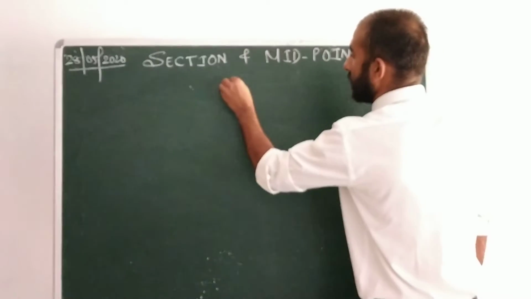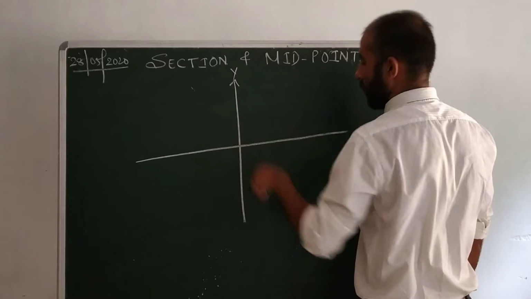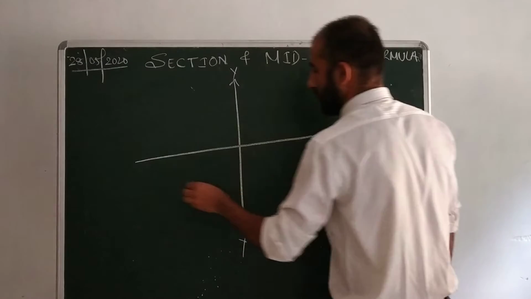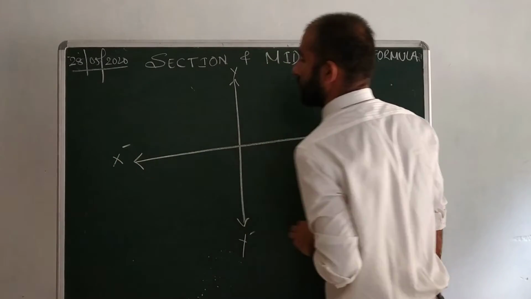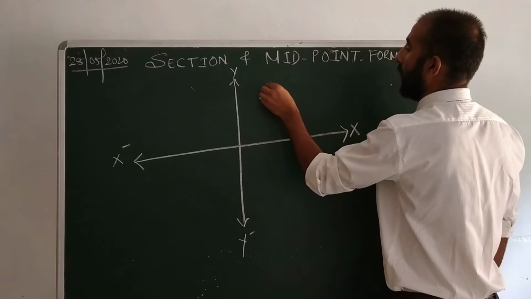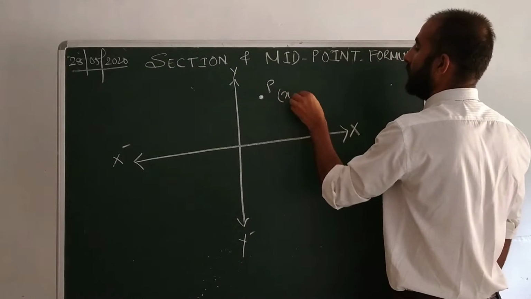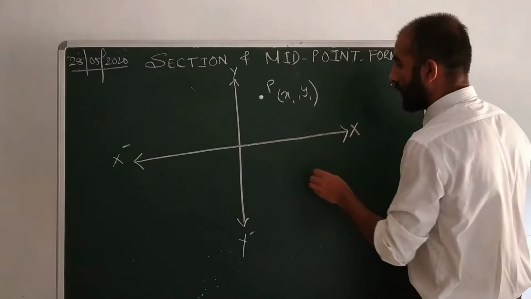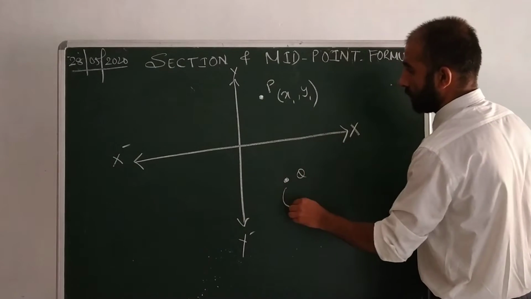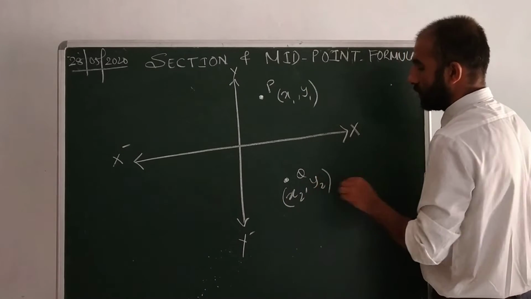Let us take a coordinate axis with positive y, negative y, positive x, and negative x. Suppose you have a point P with coordinates x1 and y1, and another point Q with coordinates x2 and y2.